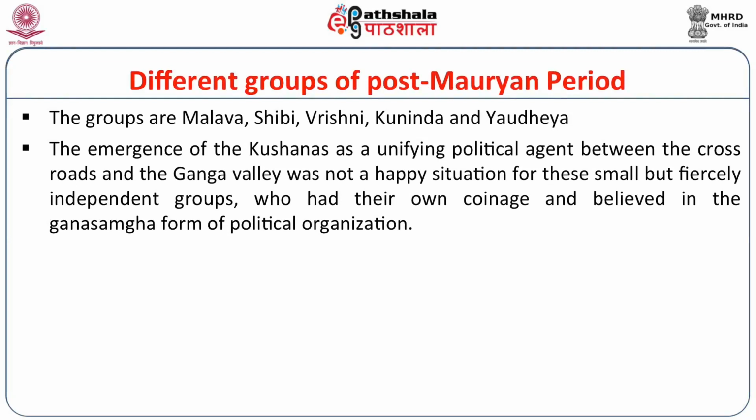The emergence of the Kushanas as a unifying political agent between the crossroads and the Ganga Valley was not a happy situation for these small but fiercely independent groups who had their own coinage and believed in the Ganasangha form of political organization. It goes without saying that they did not prefer to live under the Kushanas. So when their territories were taken over by the Kushanas, they migrated from the Punjab region to the deserts, to Rajasthan and Western India.